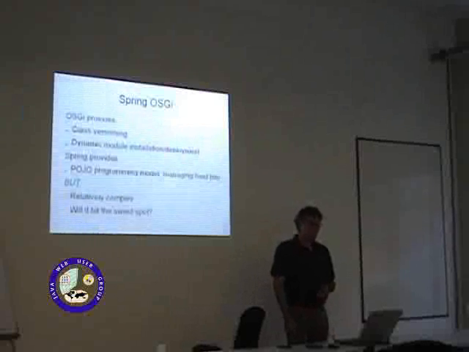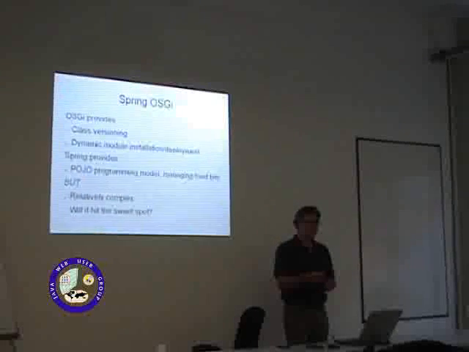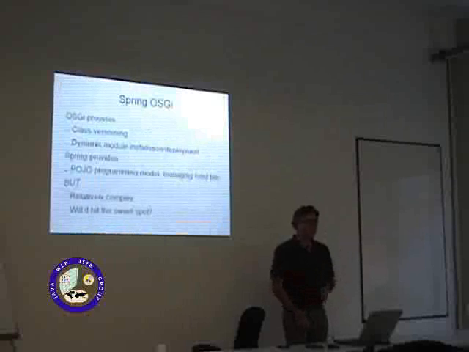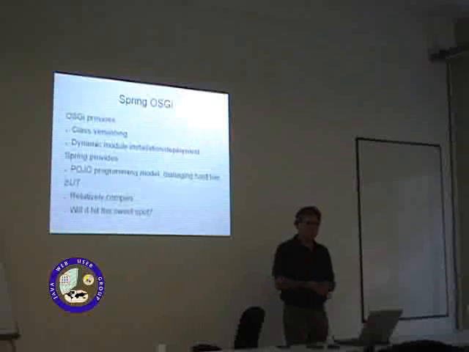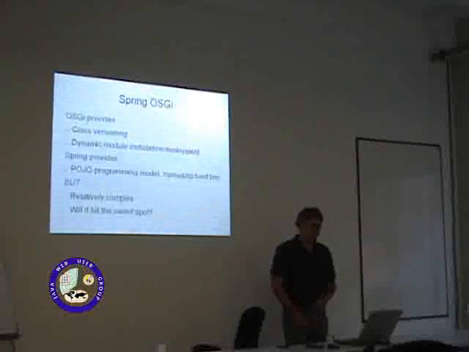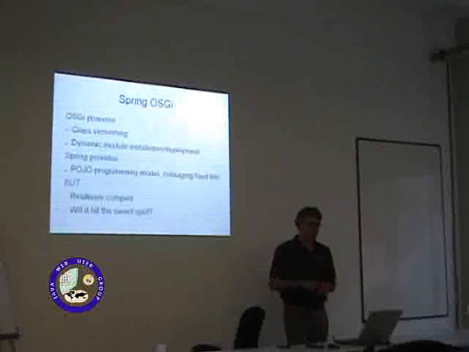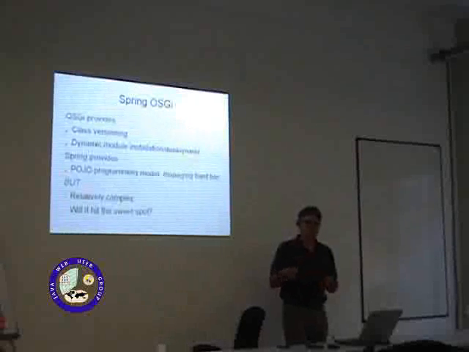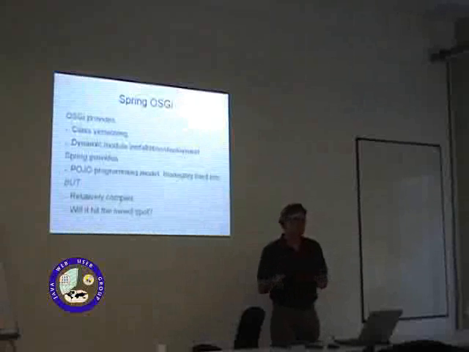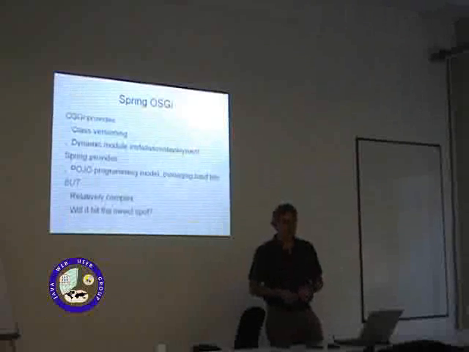You also get dynamic modules, where first of all you get the concept of modules, but you also get dynamic module installation, deployment, and a full life cycle. So that can certainly address a lot of the dynamic issues. And Spring comes into the picture because Spring will basically provide a programming model and manage some of the harder bits that you would otherwise have to deal with if you're working with a raw OSGI API scenario.